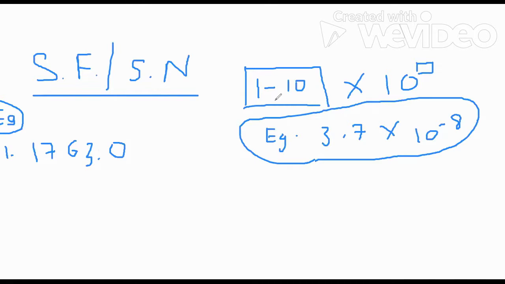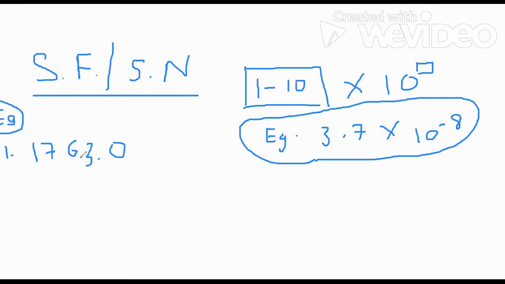You would move 3 decimal places. Tell me between which two numbers you're going to put it. Between 6 and 3? If you put it between 6 and 3, you'll get 176.3.